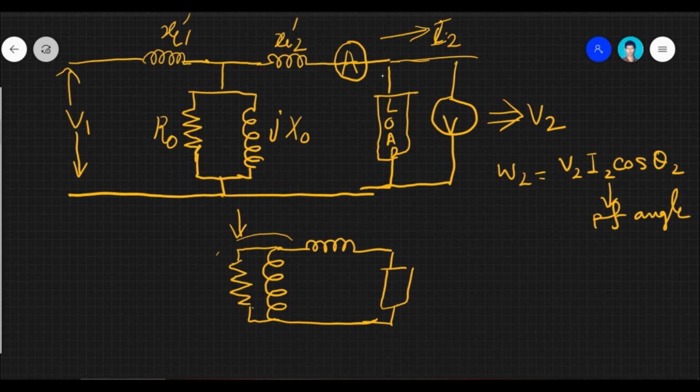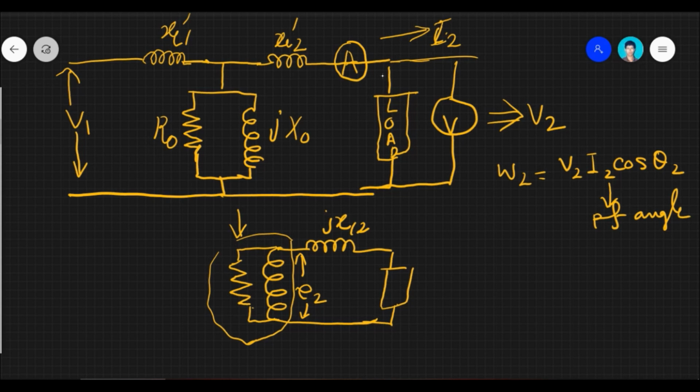This is our equivalent portion of the secondary, and the voltage here is E2. Here the reactance is jXL2. Why will it become XL2 dash? When you refer it to the primary side, it will become XL2 dash.